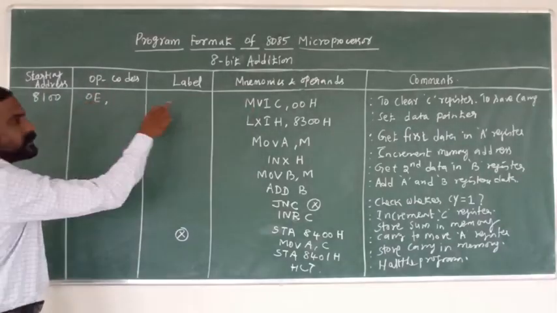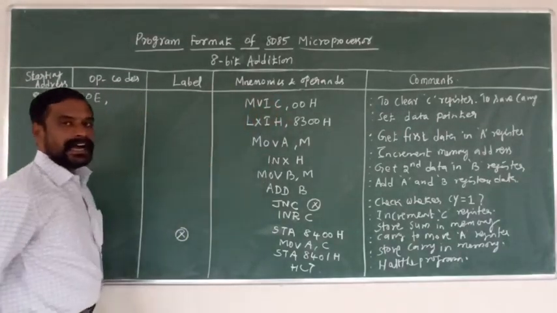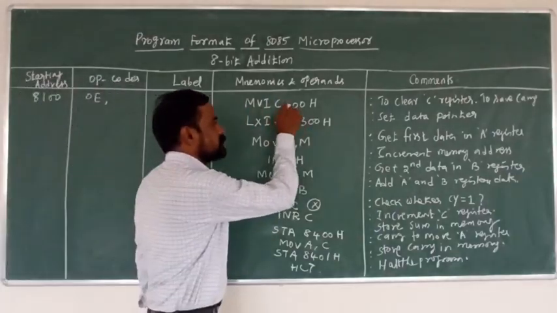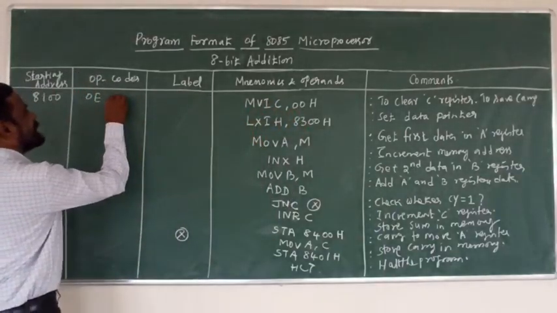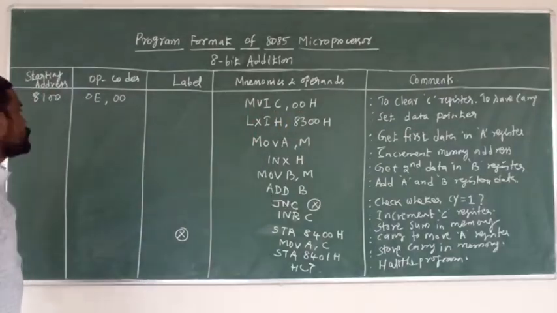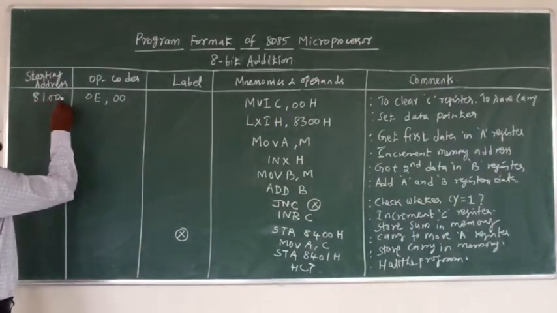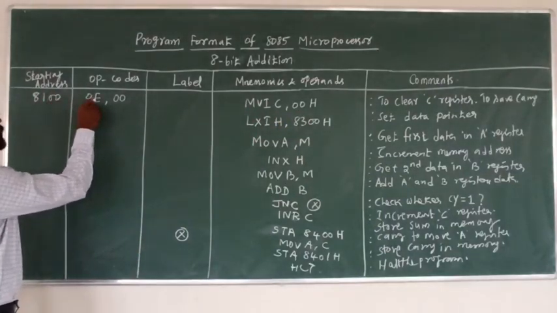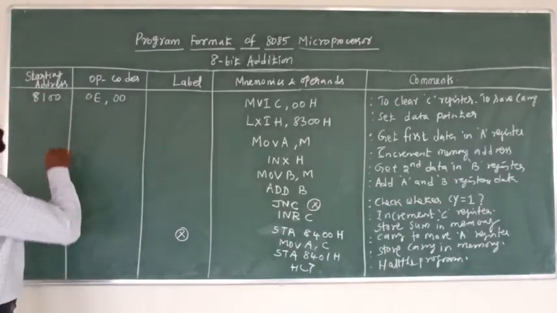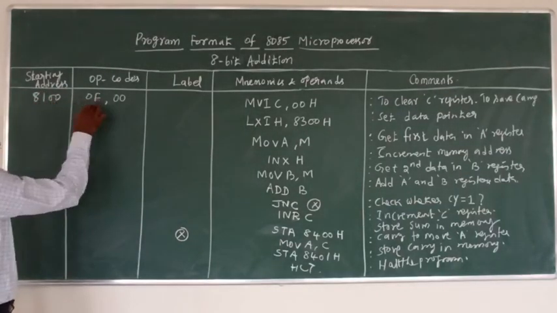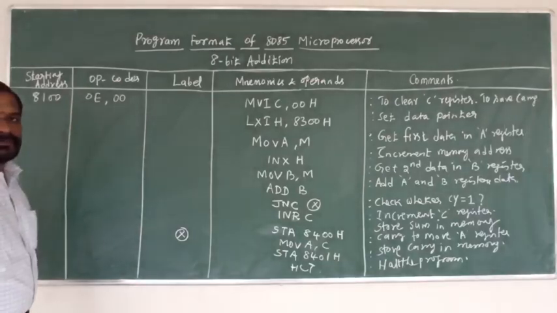This is the opcode for MVI C and the second byte 00 is the 8-bit data. Now in address 8100 load the 0E data, next address 8101 load 00.